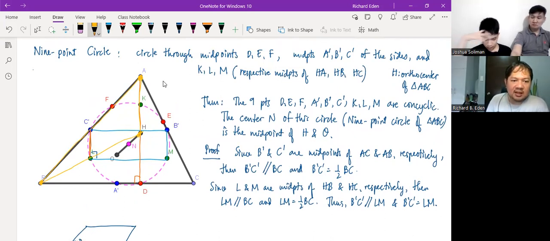For AB, C prime is the midpoint. For BH, the midpoint is L. So that makes C prime L a midline of that triangle, and it must be parallel to side AH. But AH is perpendicular to the base BC, so C prime L must be perpendicular as well.